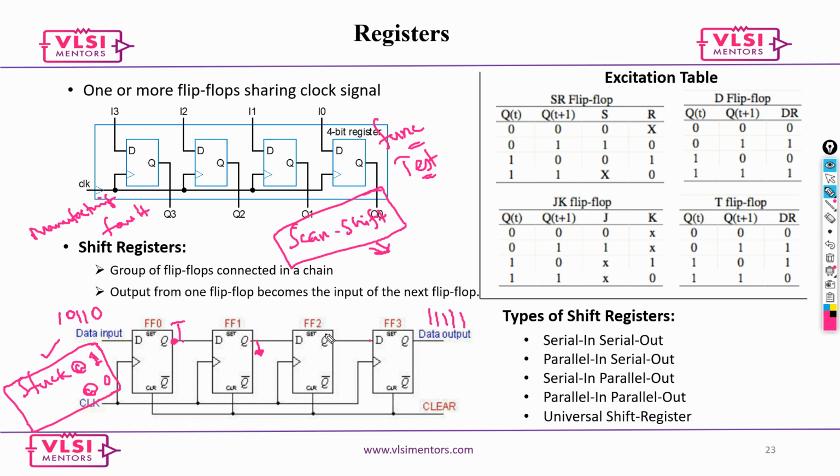Probably when you're going through the textbooks, you won't know the application, why we need this, but that is the reality. So we need the shift register, shifting the data to ensure that the nodes are free from stuck-at faults. Now imagine your input is this and your output is, say, 10110. What that means is these registers are working as expected.